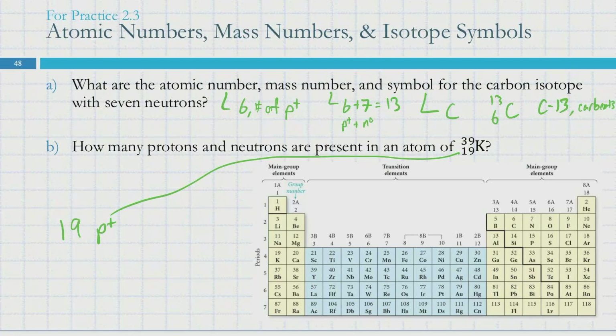We do 39 minus 19 equals 20 neutrons. Because that mass number, that top number, is protons plus neutrons. So if we subtract protons, we're left with neutrons.